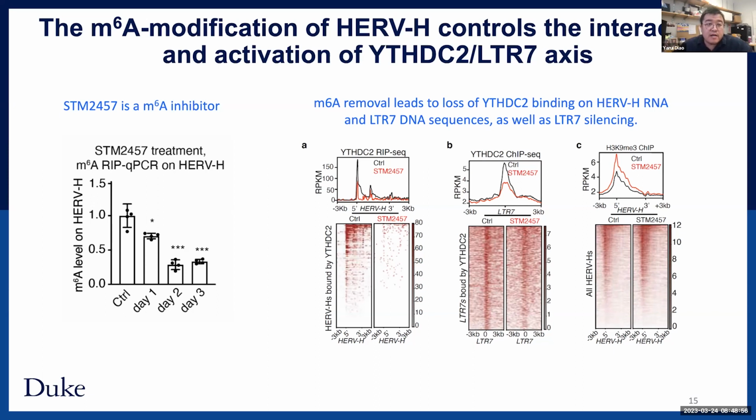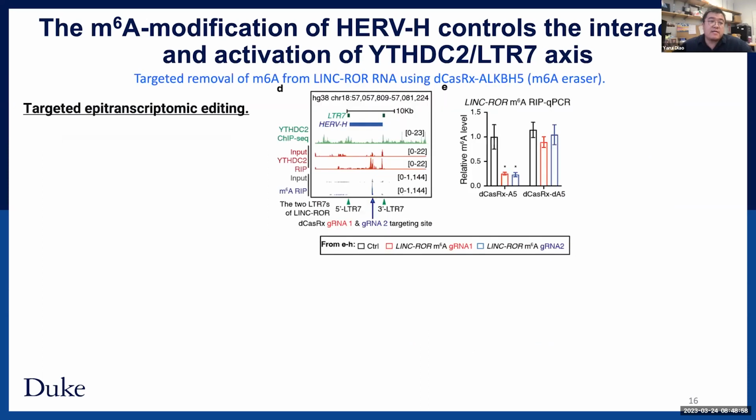These results are encouraging, but we know that the m6A inhibitor can alter m6A modification of all the transcripts. So we want to make sure the observed phenotype is not due to some non-specific indirect effect.